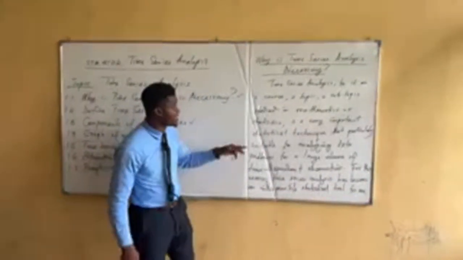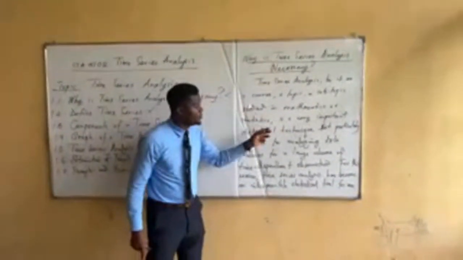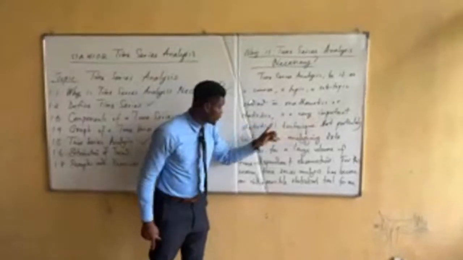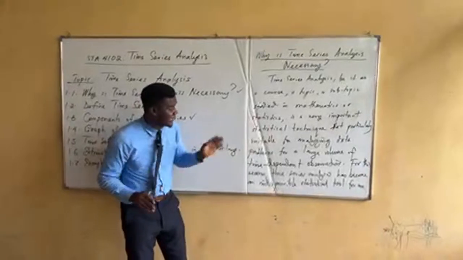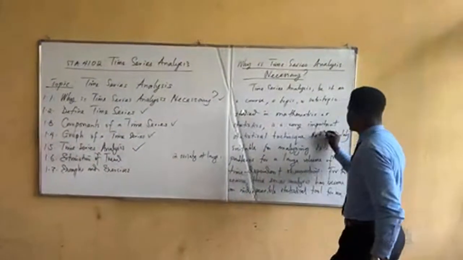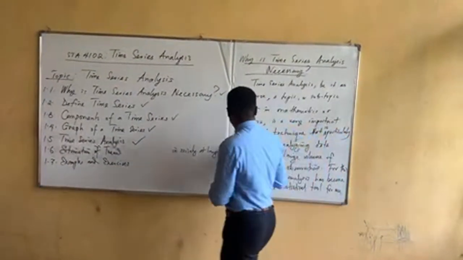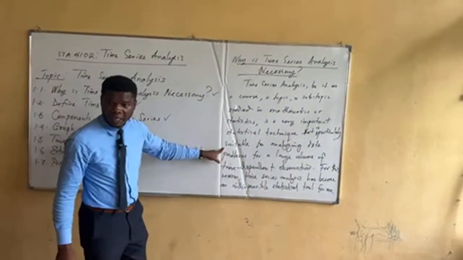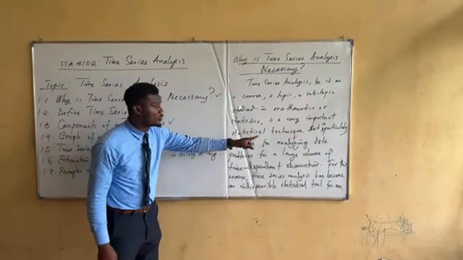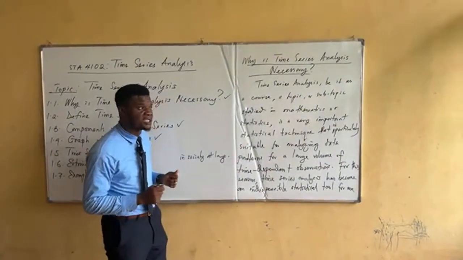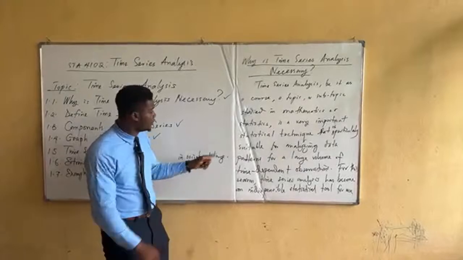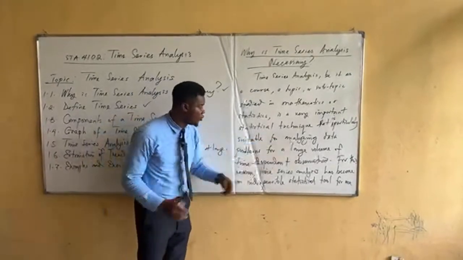Time series analysis. Take note, in any case, it is a very important statistical technique that is particularly suitable. Okay? Now, I have chosen that word carefully because you should know what time series analysis is really applicable to. It is particularly suitable for analyzing what kind of data?